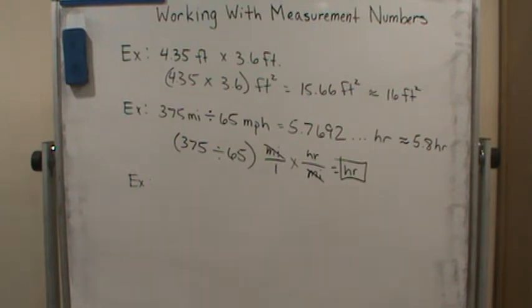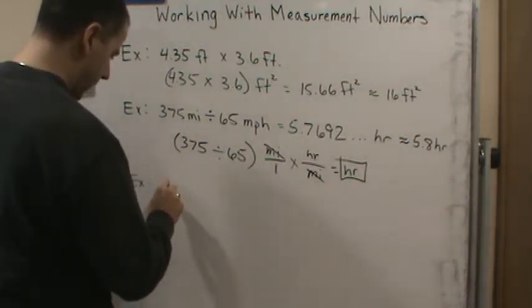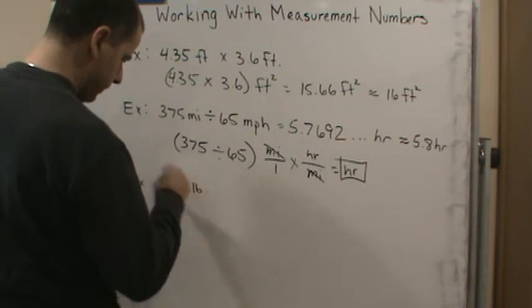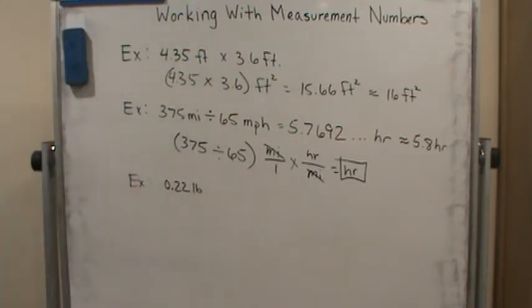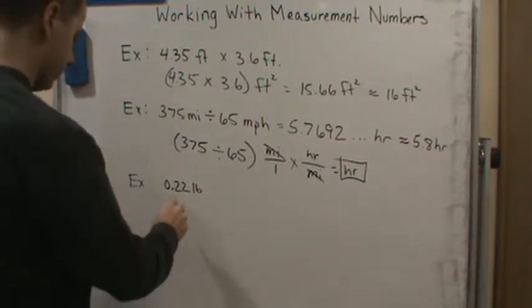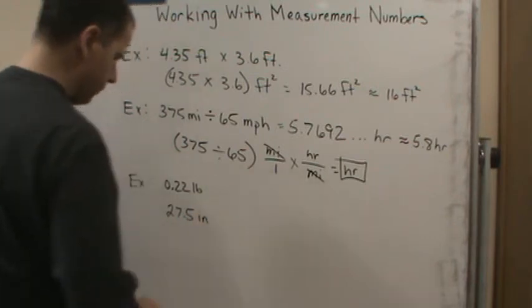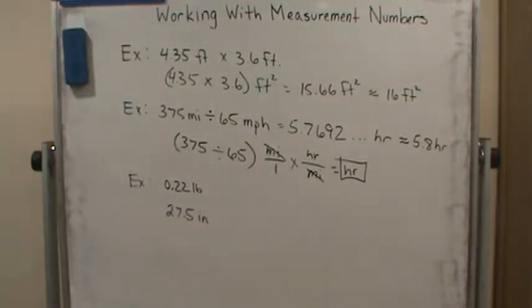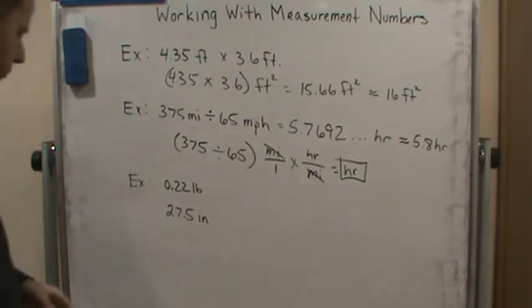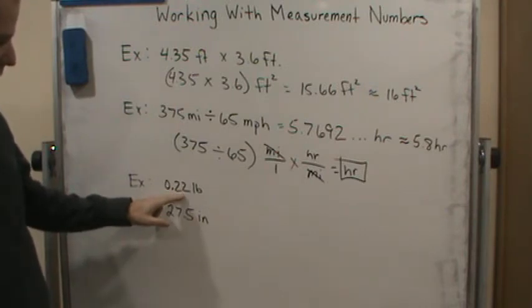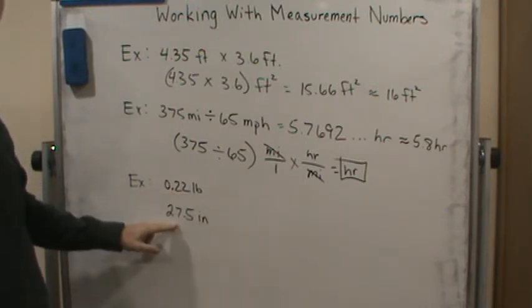And a certain job calls for 27.5 inches of steel. The question is, how much is all that going to weigh? Well, each inch weighs 0.22 pounds, and they want 27.5 inches.